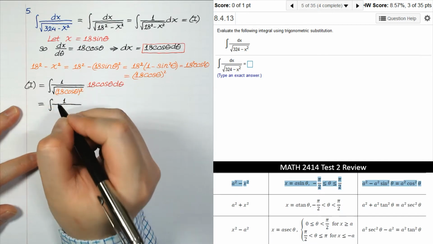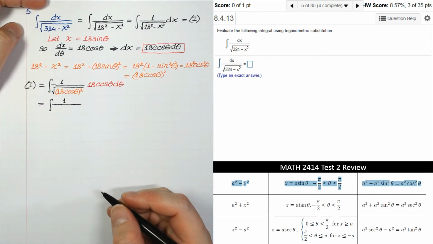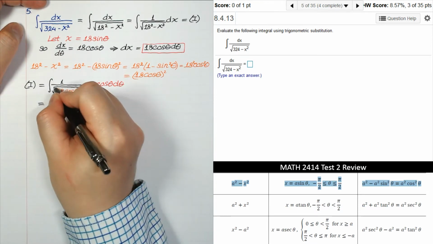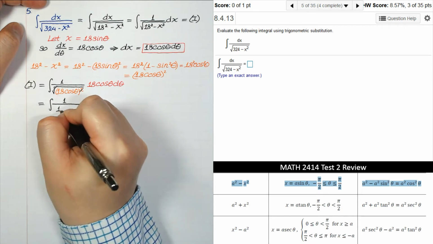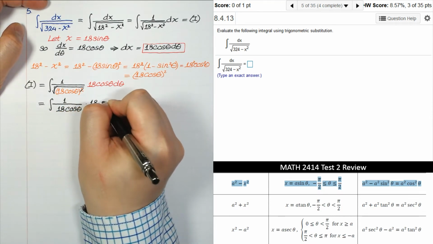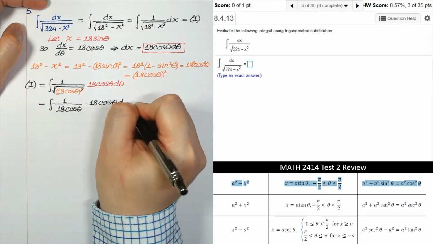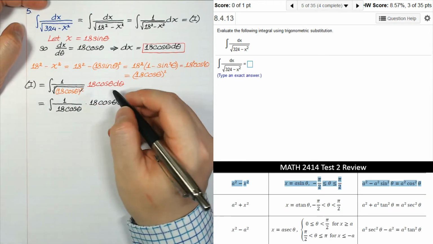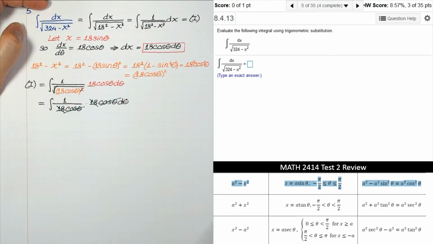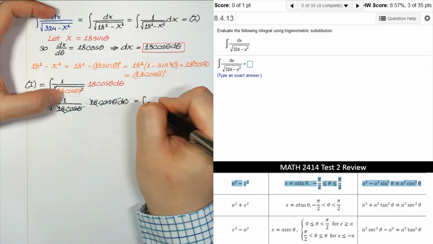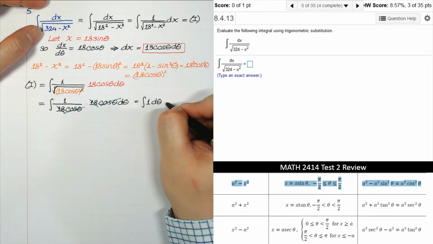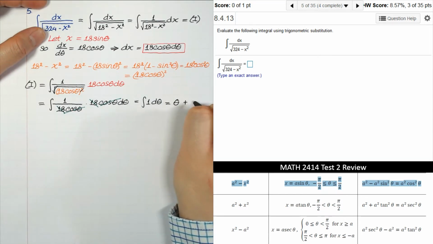The square cancels the square root, so 18 cosine theta times 18 cosine theta d theta. Now this problem conveniently cancels out. The 18 cancels out too. Just have one left. The integral of that is just theta plus c.